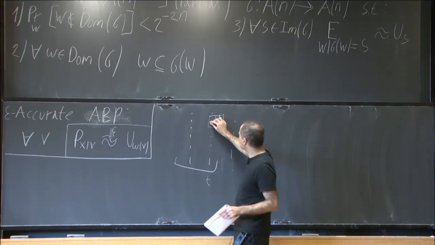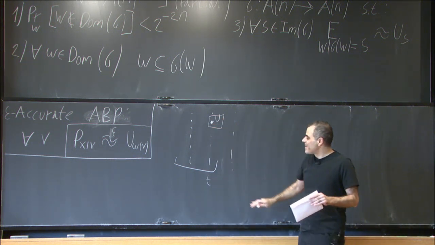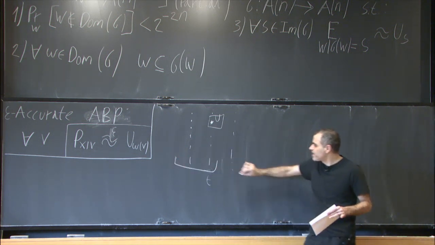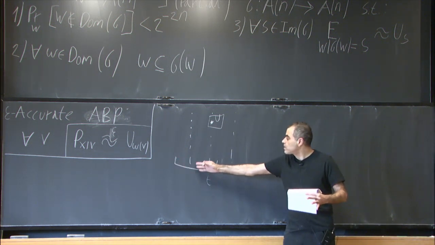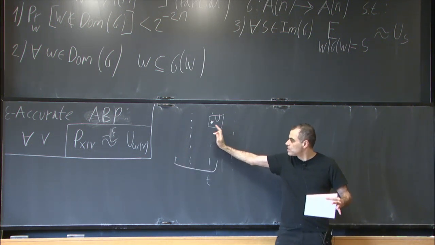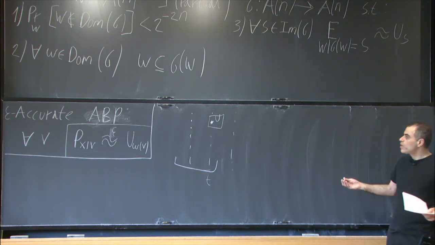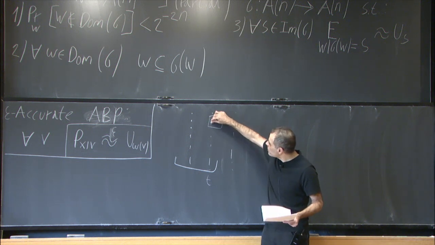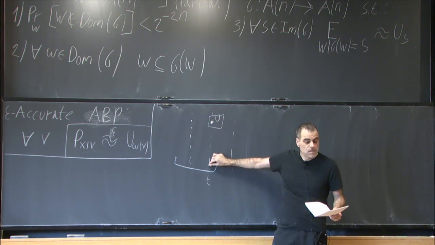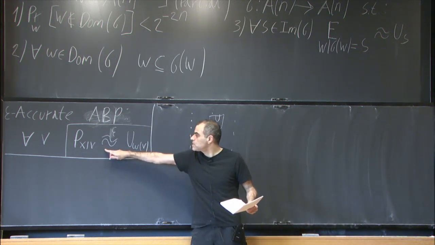With Ran in particular. Okay, anyway, so let me remind you, we assume that we already simulated all this part by an accurate affine branching program, which means that for every vertex u here, we already have this condition.